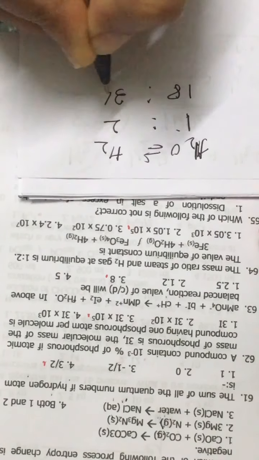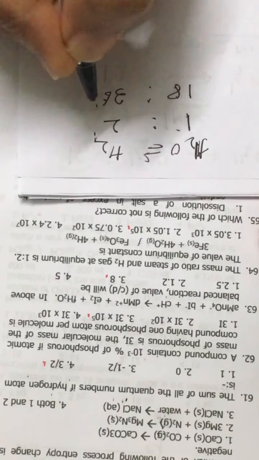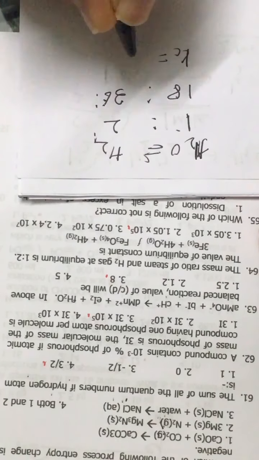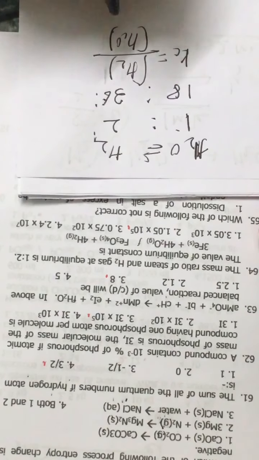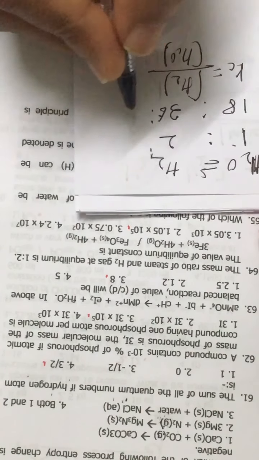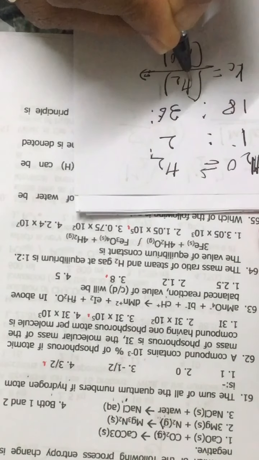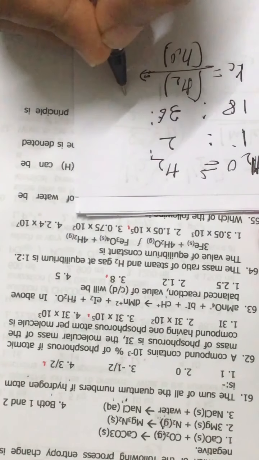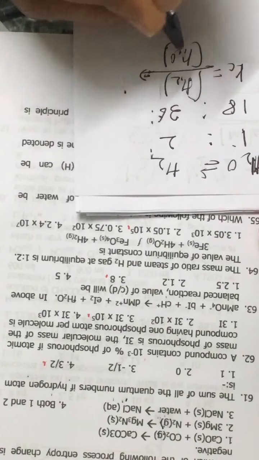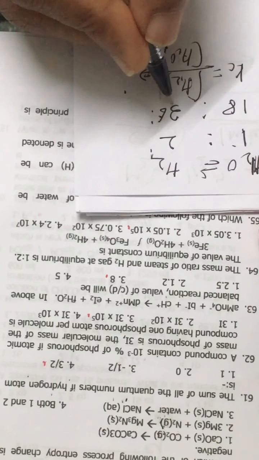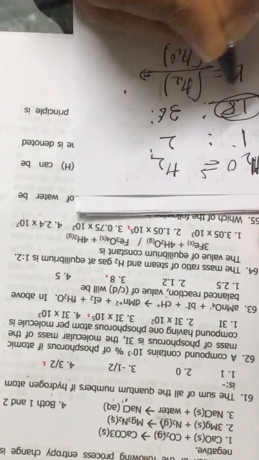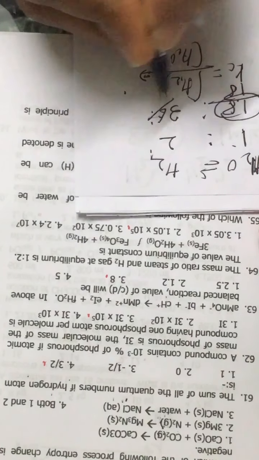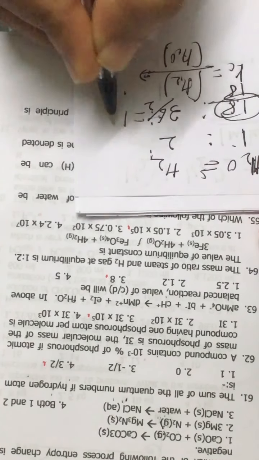Obviously its double, 36, is hydrogen, and now Kc is given by hydrogen divided by H2O. You have to convert it into moles: 18 by 18 equal to 1, and 36 by 2 equal to 18.